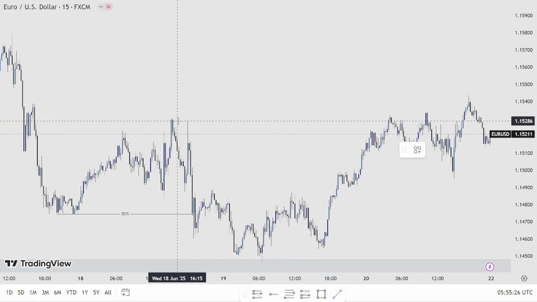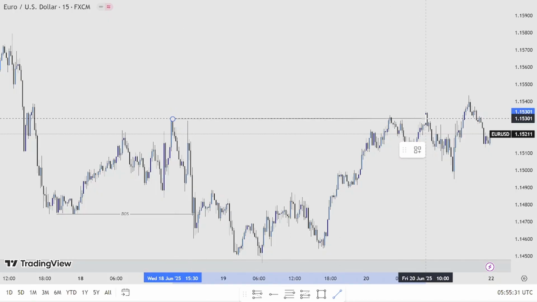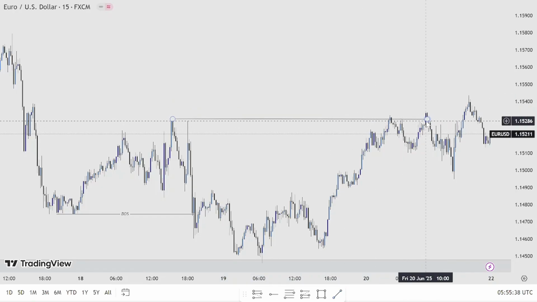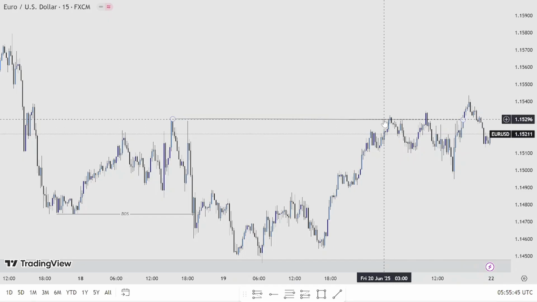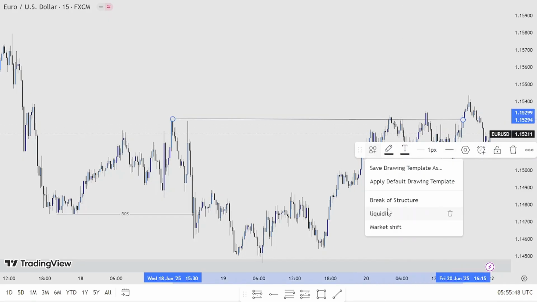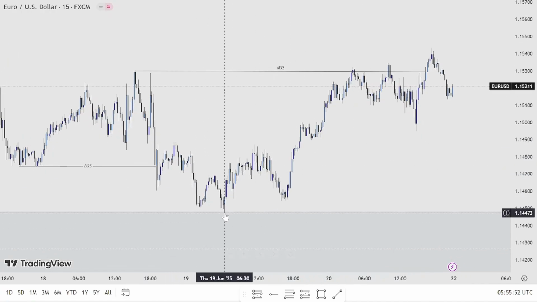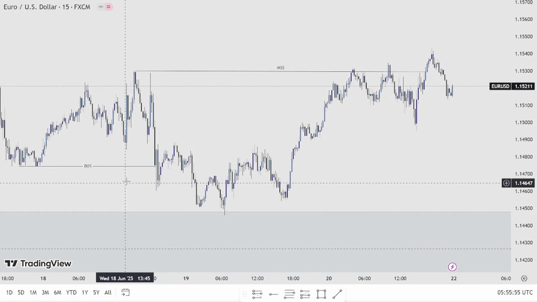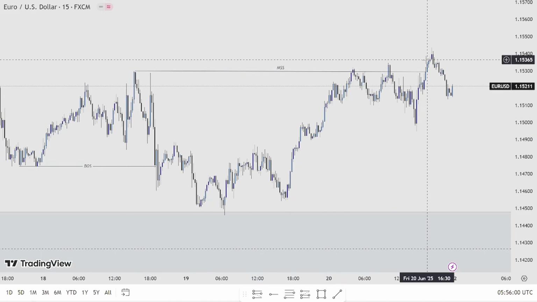So this was our last shift of the structure. I'll call this a market shift, because the break of structure was broken out.